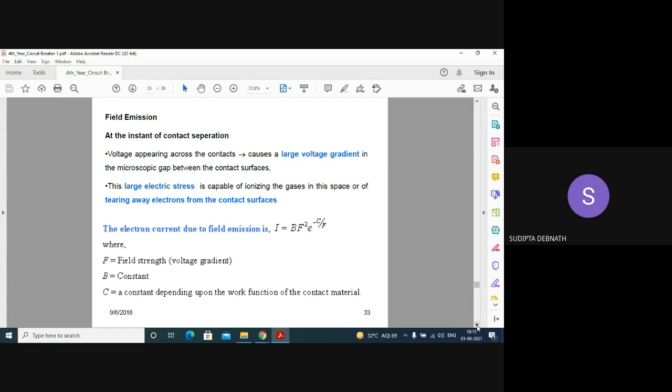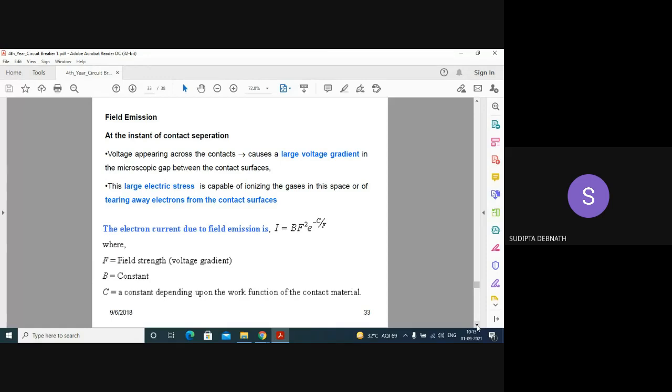This electric stress becomes very high as soon as the contacts have separated. Maybe the separation is of microscopic length, but the smaller the separation, the higher the voltage gradient.